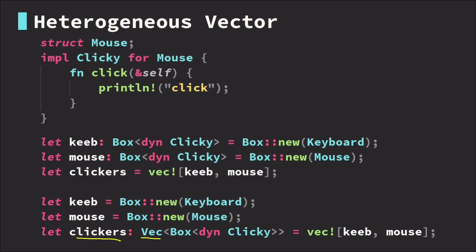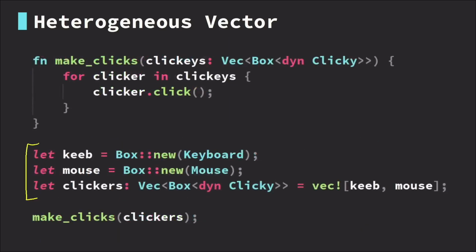So we have a vector that contains a box that contains a dynamic trait object of the Clicky type. We then have our equals, and we just make a new vec and then pop in the keyb and the mouse. You'll prefer to do the second method because if you end up having lots of different objects you want to put into the vector, it's much easier just to say, make all these things into dynamic objects instead of having to do each one at a time with type annotations.